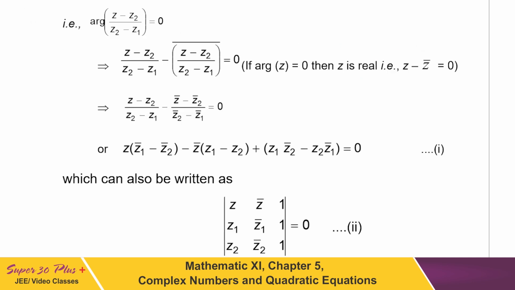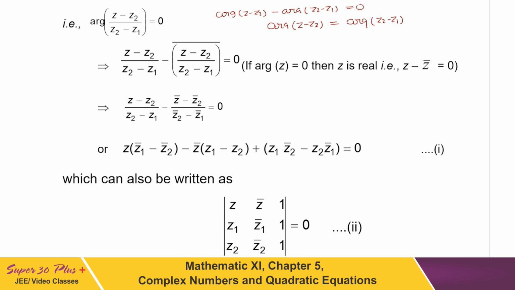By the property of argument, we can write argument of (Z - Z2) upon (Z2 - Z1) is equal to 0, because it is argument (Z - Z2) minus argument (Z2 - Z1) is equal to 0, and it is given here that argument (Z - Z2) is equal to argument (Z2 - Z1), because Z1, Z2 and Z are collinear.